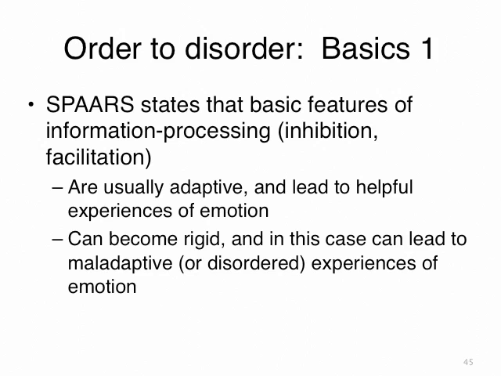So now the last little bit of this, we talked about the basics of emotion, then Route 1, Route 2, and now I'm going to talk about this order to disorder question. It's another really great strength of SPARS that it ties in the emotional experience and shows that it's the same processes that underlie ordered experiences of emotion that also underlie disordered experiences of emotion.